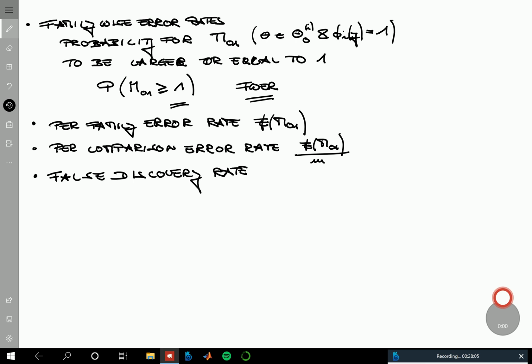This is the number of false positives divided by the total number of rejections.